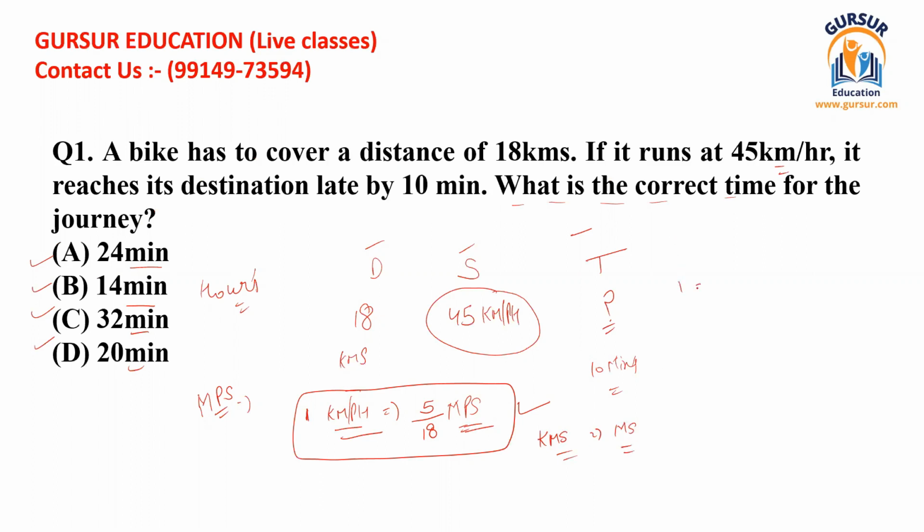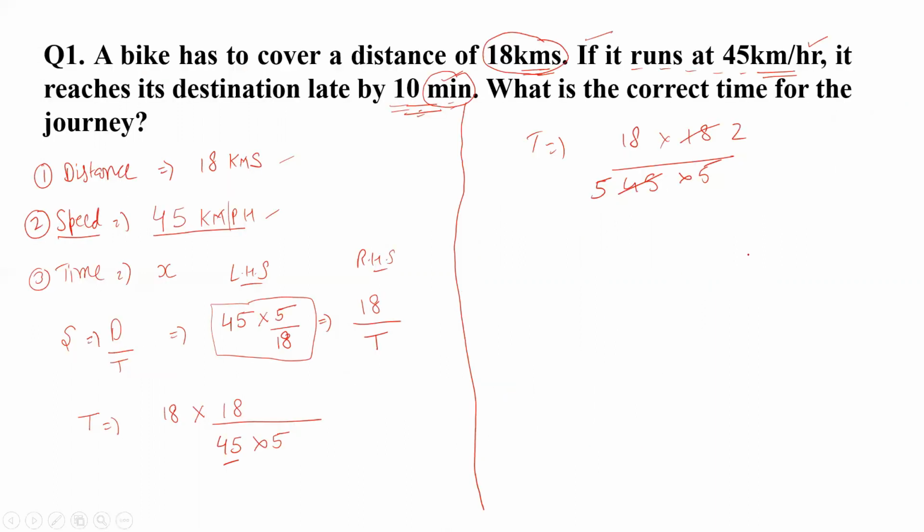1 kilometer is equal to 1000 meters. In the same way, 18 kilometers should be 18,000 meters, so we have to multiply it by 1000. If you further solve the expression, you can cut this 1000 with the table of 5, and that produces the value 200.